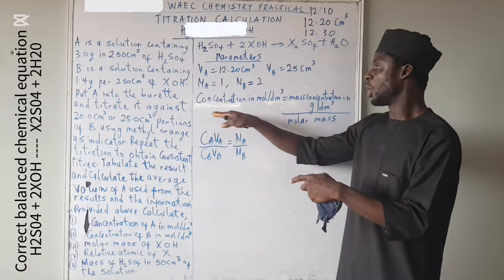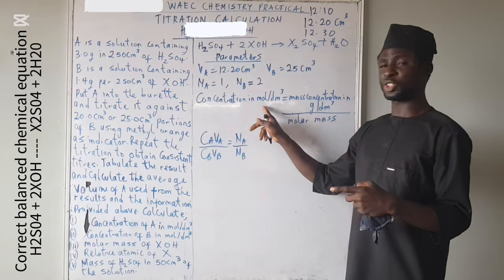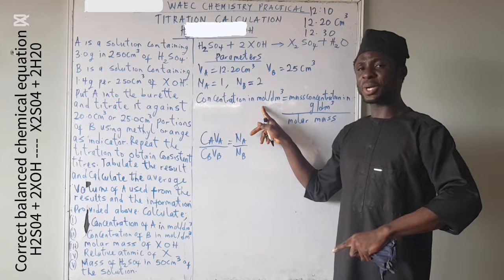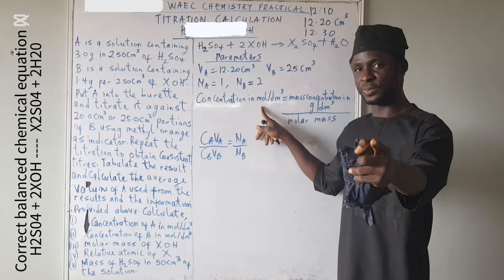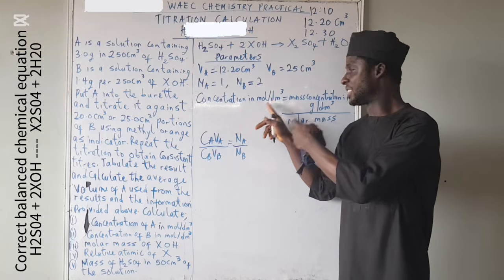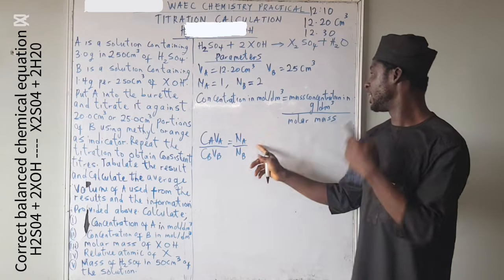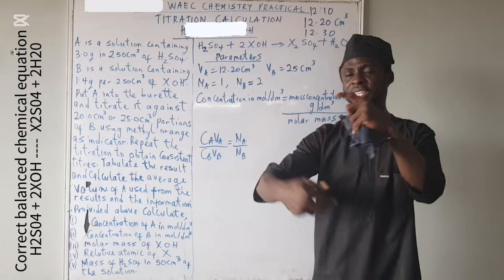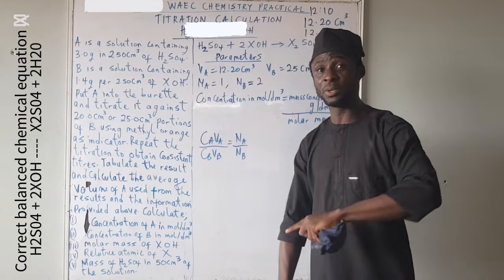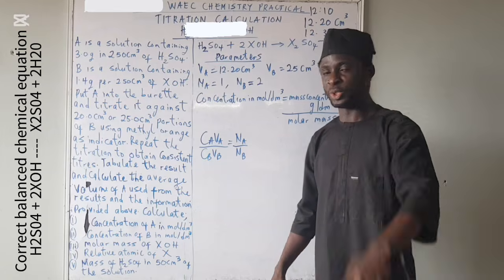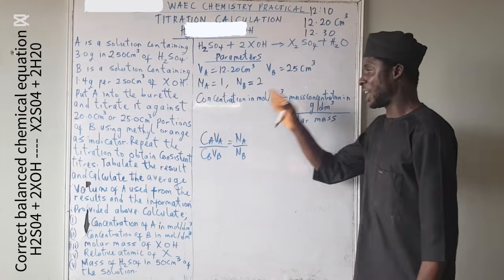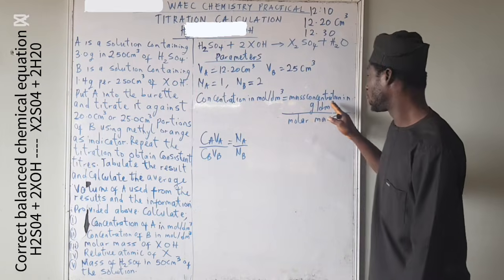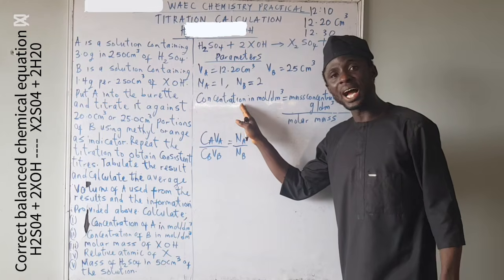If they are giving you the concentration of a substance in mole per dm3, and you have to calculate the mass concentration, you can use this formula. Since you have known the molar concentration, then you can find the mass concentration. Or if they are giving the mass concentration of a substance and you have to calculate the molar concentration, you just plug in your mass concentration here and find the molar concentration.